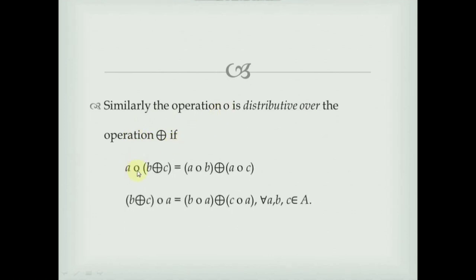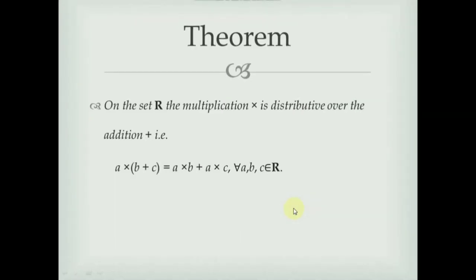Similarly, the operation dot is distributive over the operation round plus if A dot (B round plus C) is equal to (A dot B) round plus (A dot C), and (B round plus C) dot A is equal to (B dot A) round plus (C dot A) for all A, B, C belonging to A. See one theorem.